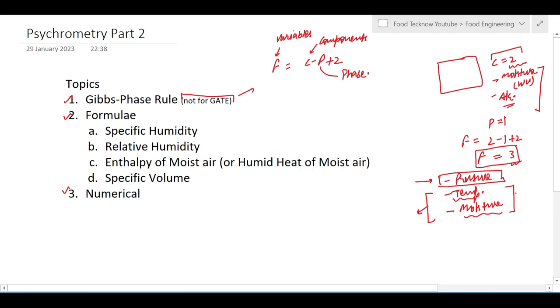Okay, so the temperature can be the dry bulb temperature, or the wet bulb temperature, or the dew point temperature. And the moisture content can be given in the form of relative humidity or the specific humidity.